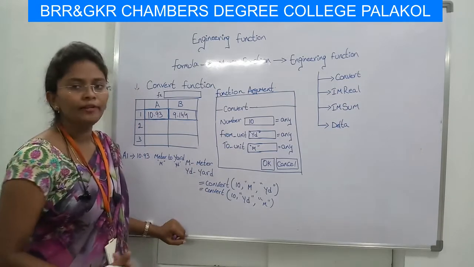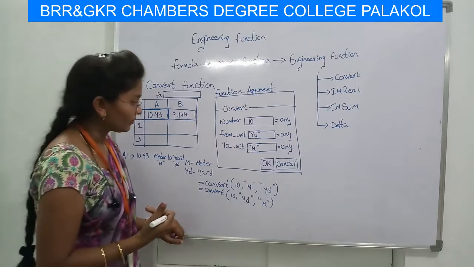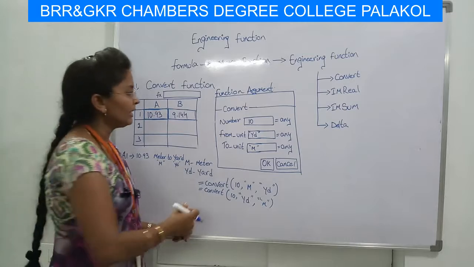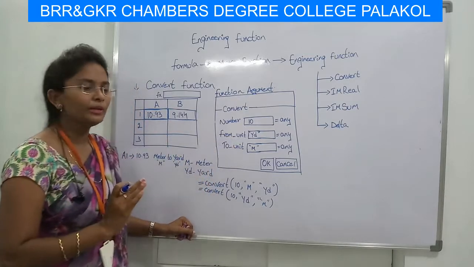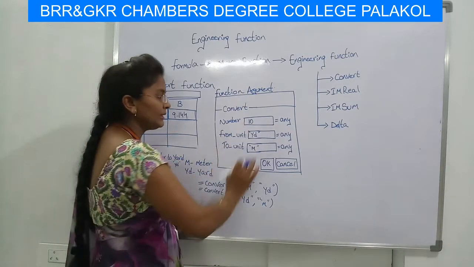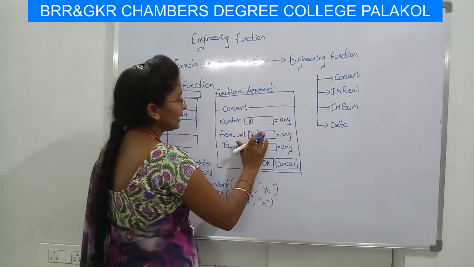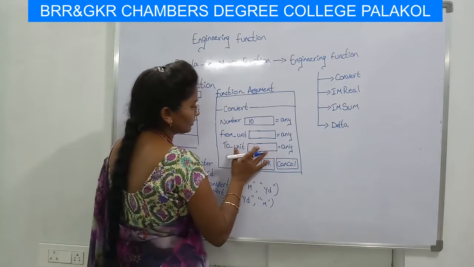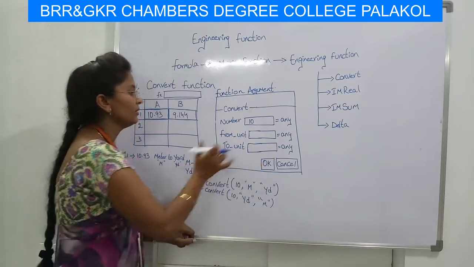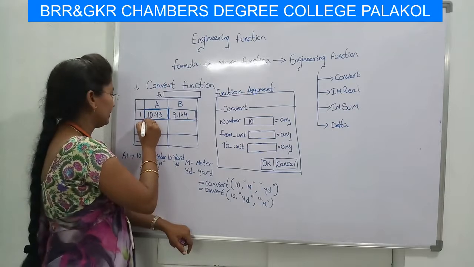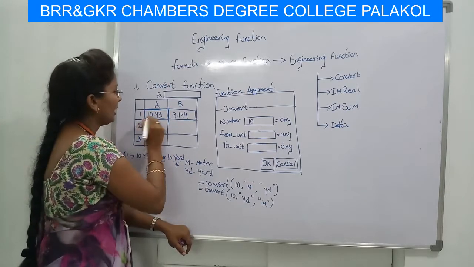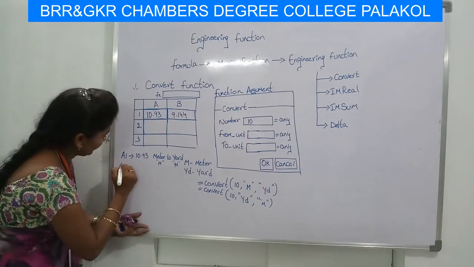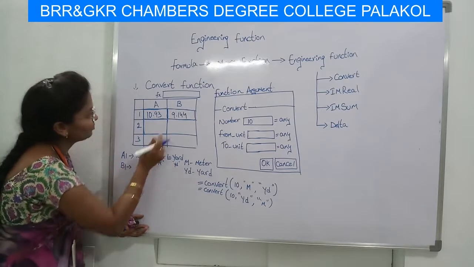And the next one is meters to feet. Here I am taking the same number, 10, but I am changing the from unit and the to unit also. I am selecting this cell, the already selected one, that is B1.